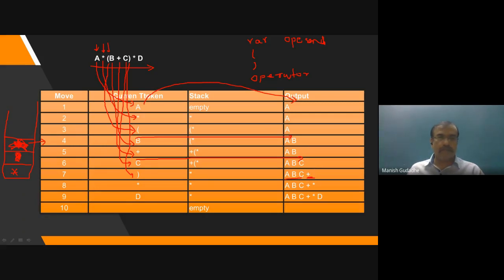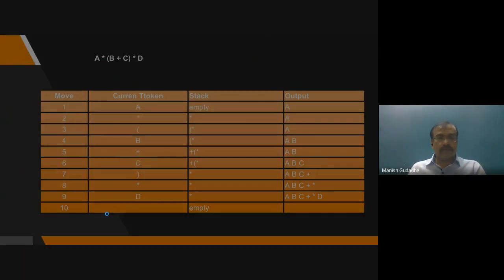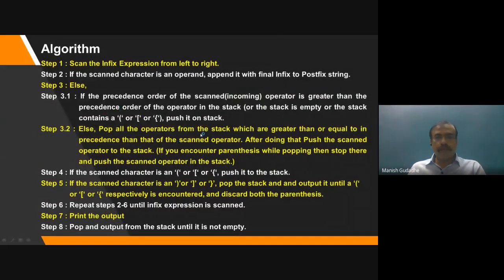Now next it encounters a multiplication operator. If it is an operator, it needs to be pushed onto the stack, but before pushing it, we are going to check what we have on the stack. If the operator on the stack has greater or equal precedence to the scanned character.